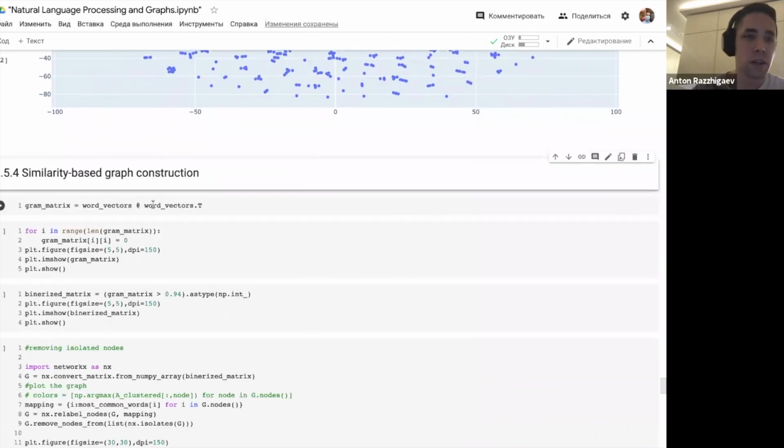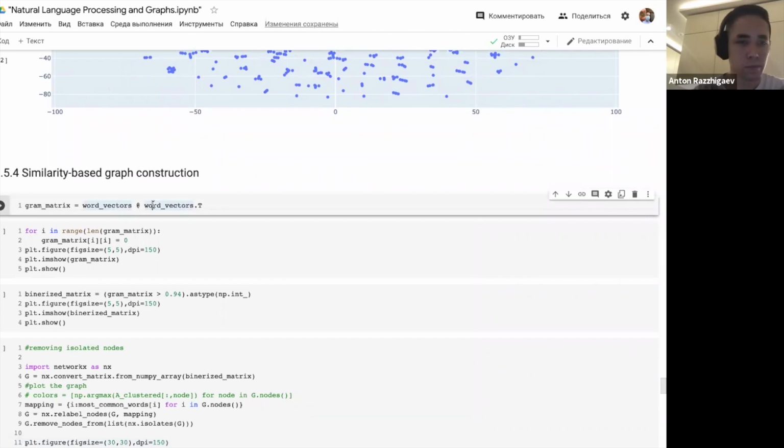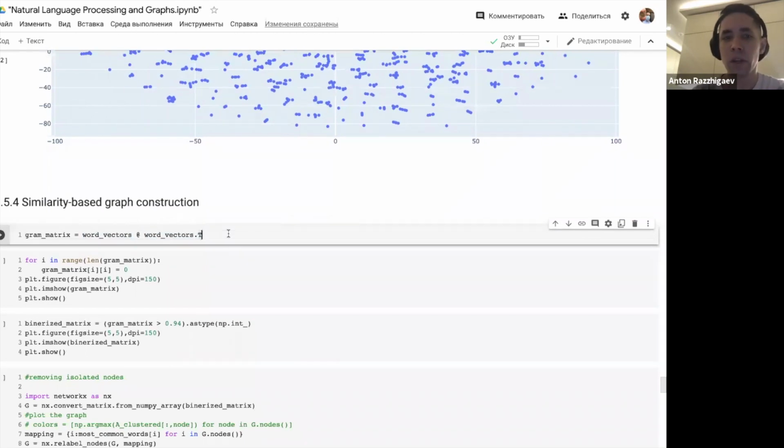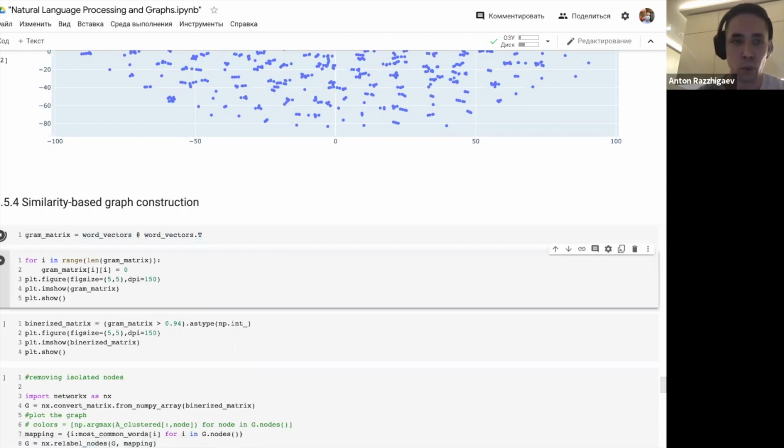Okay, now let's do a kind of clusterization algorithms for our similarity graph. To compute a similarity matrix, we need to compute a Gram matrix. It is a matrix of pairwise similarities of vectors. So here is a vector matrix. If we multiply it on its transpose, we will achieve a matrix of pairwise distances of words.